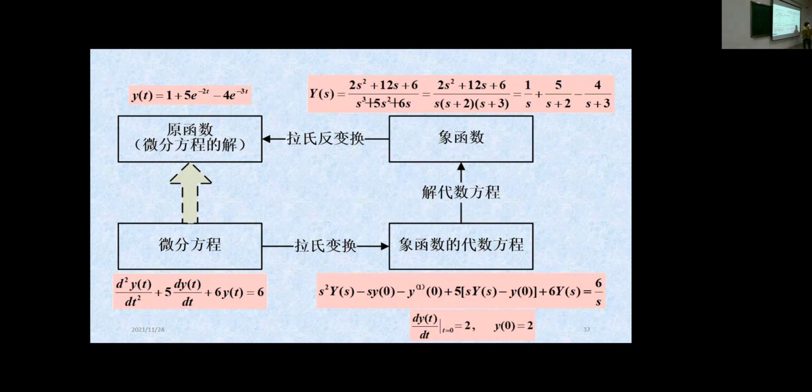Otherwise, you need to look up the table, which takes a long time. So we can either memorize them or just know how to use the table to find typical commonly used function transforms.